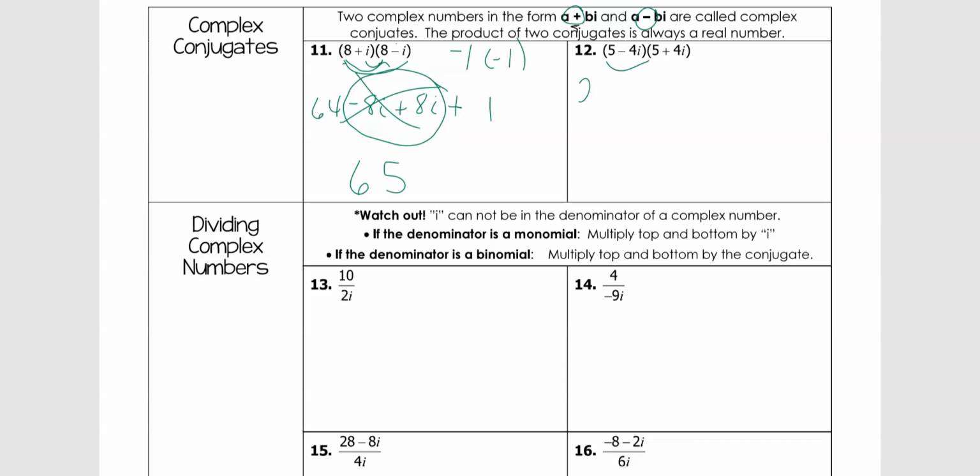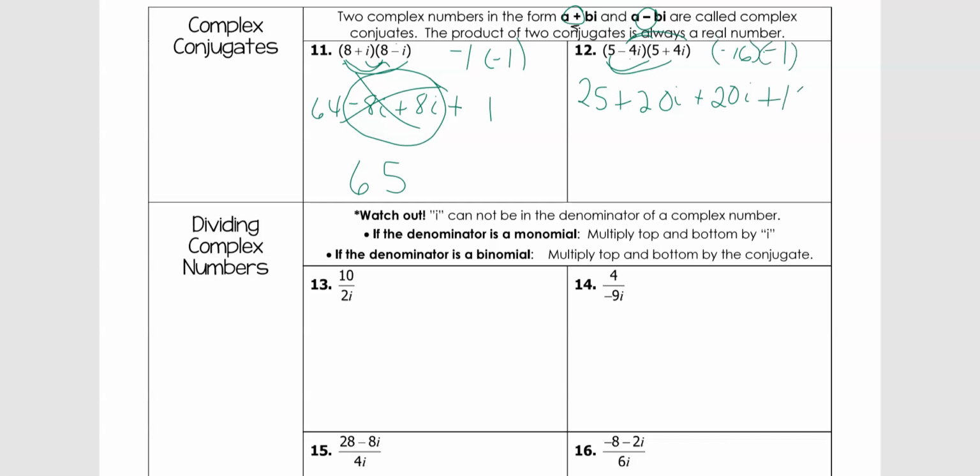5 times 5 is 25. 5 times 4i is 20i. Negative 4i times 5 is going to be negative 20i. And then negative 4i times positive 4i. Negative 4 times positive 4 is negative 16. i times i is negative 1.